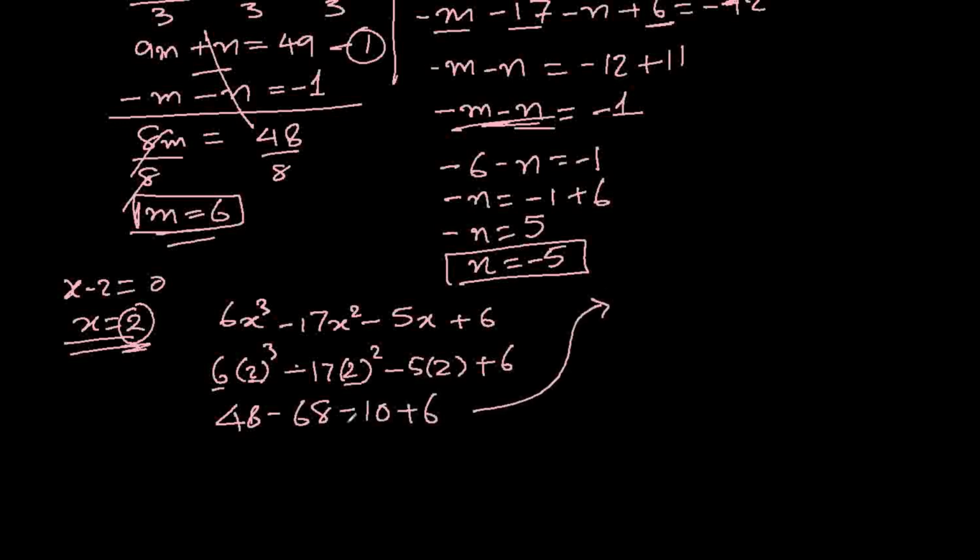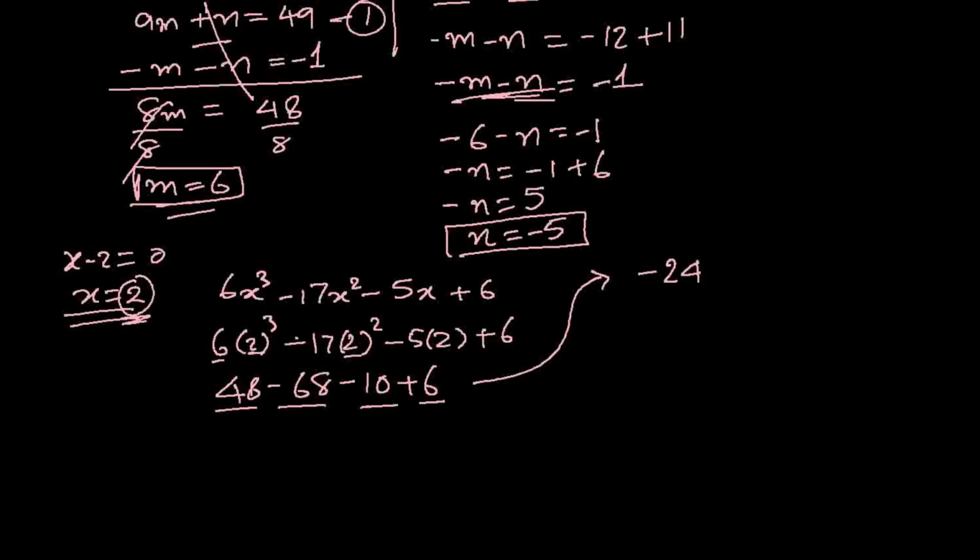So what do we get finally? 48 minus 68 is minus 20, because of this minus 10, and then 6. We get minus 24. Okay, so what is the question, by the way? Find the remainder. So this is the remainder.